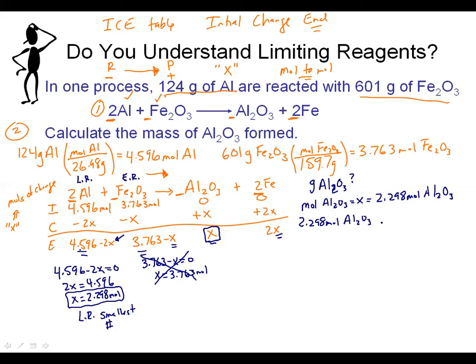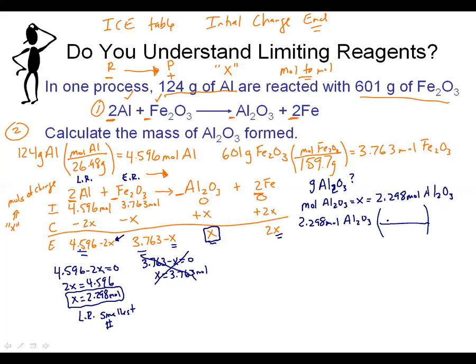From the periodic table, aluminum, which is 26.98, times 2, plus 3 times 16 is about 101. We'll call it 102. Let me try that one more time just to make sure I punched it in right: 2 times 26.98.